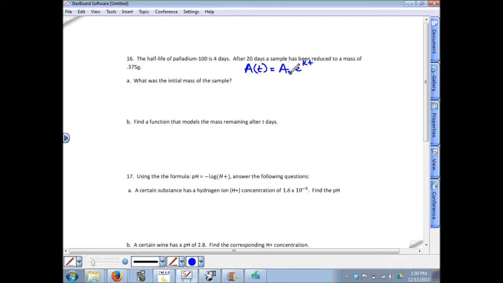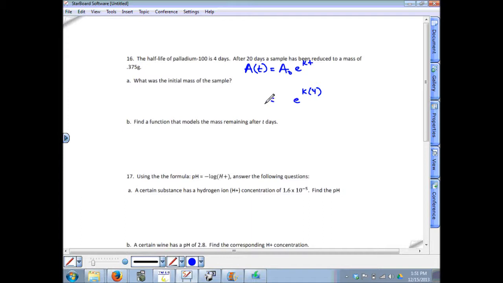So we could set A_0 to be anything we want, and if we let t be 4 days, then half of that is going to be remaining.